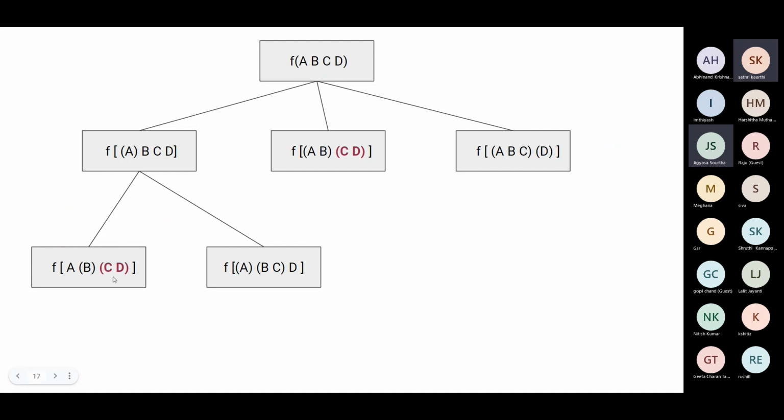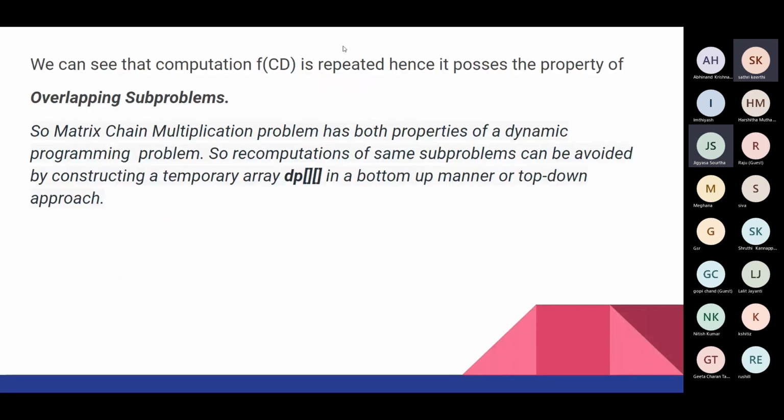If you see here, the subproblem CD is being repeated. So it does have overlapping subproblems too. Though the number of matrices is small, so the number of overlapping subproblems is small, as the size of the array increases, this too will increase and result in a heavy time complexity. You can see that the f of CD computation is repeated, so it possesses the property of overlapping subproblems.